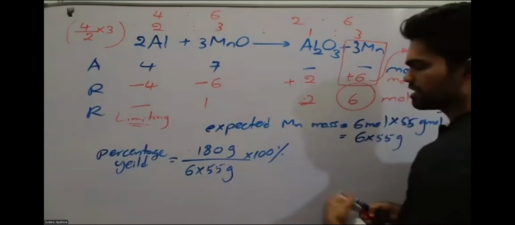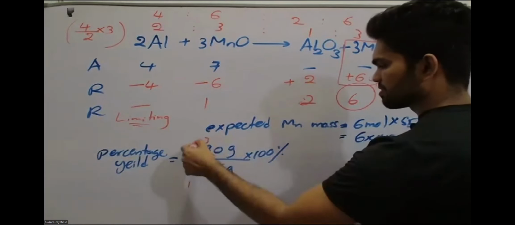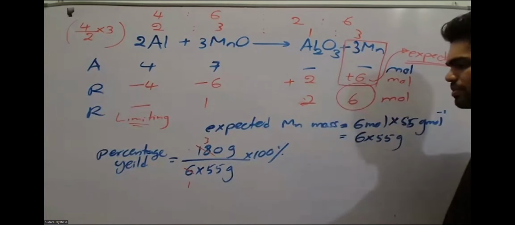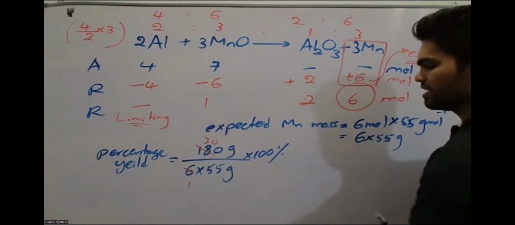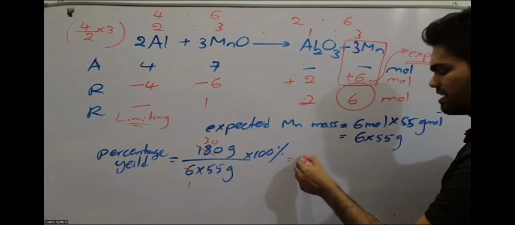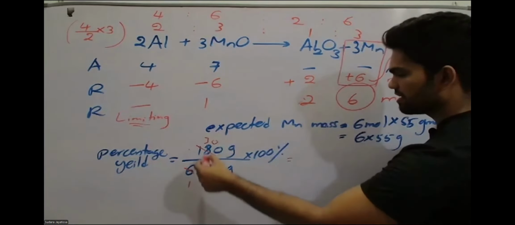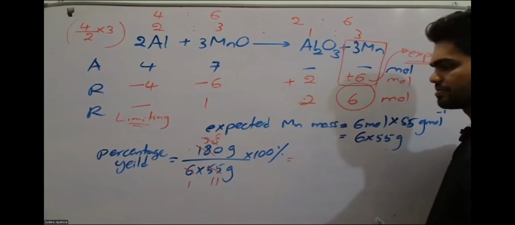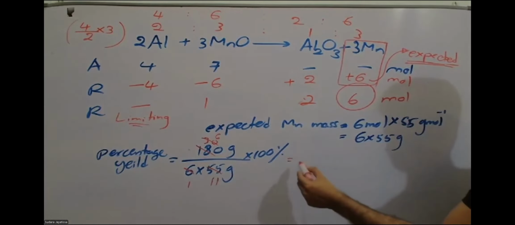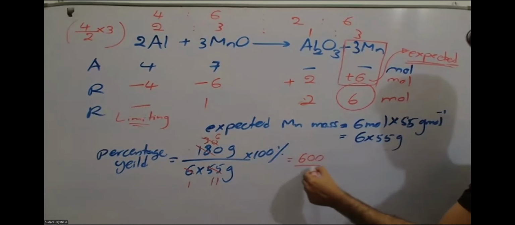Now you can see it is divisible. 3 will give you 30, or you can cut this as well by 5. It's 11 and 6, so 600 division 11.